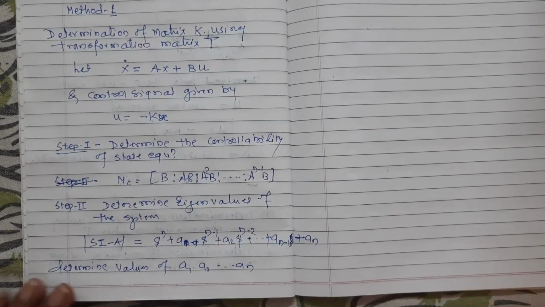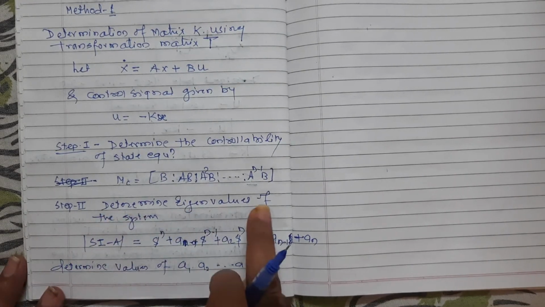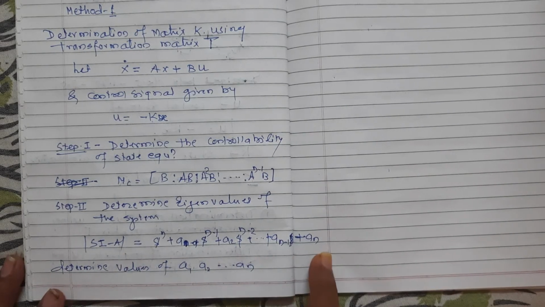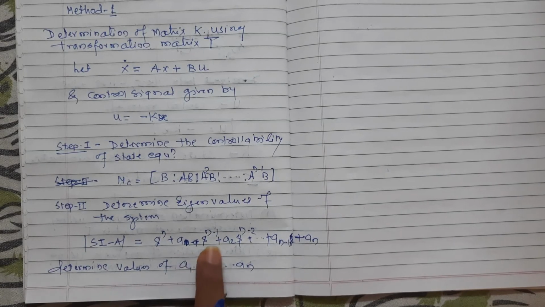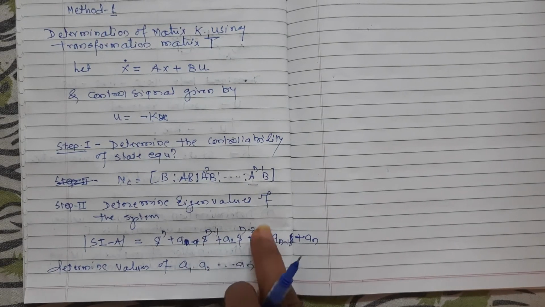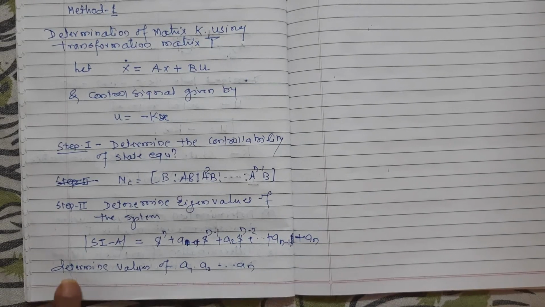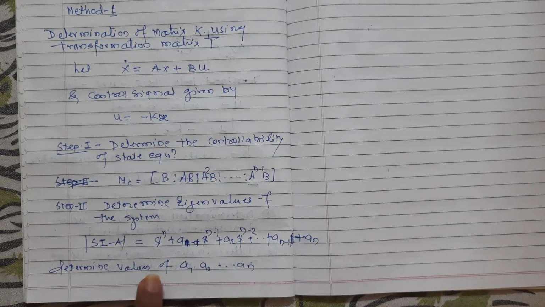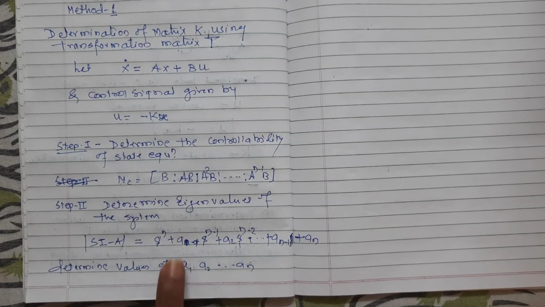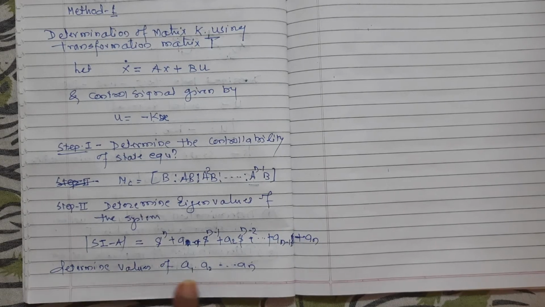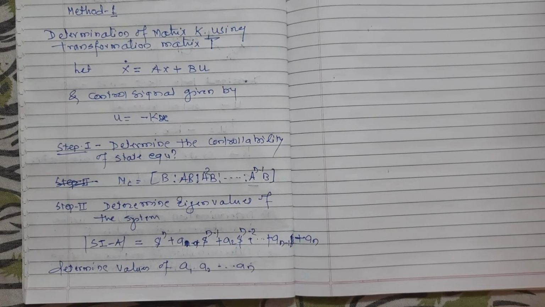So see here, to determine the eigenvalues of the system, the formula is sI minus A. We will solve this and get the characteristic equation, the polynomial s raised to n plus a1 s raised to n minus 1 plus a2 s raised to n minus 2 plus a n minus 1 times s plus an, and from this equation we will determine the values of a1, a2 up to an.